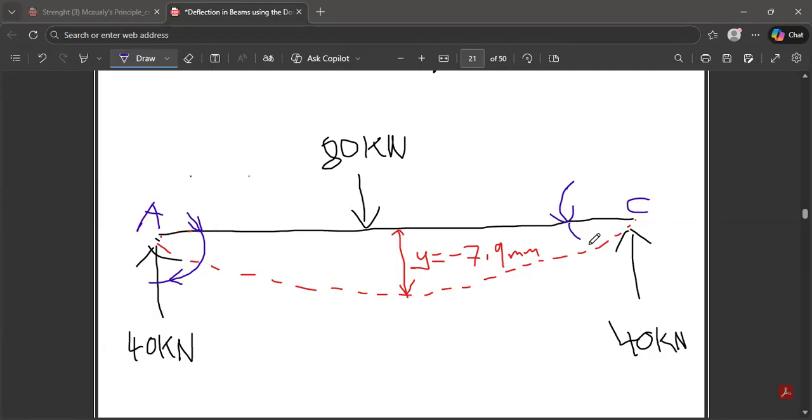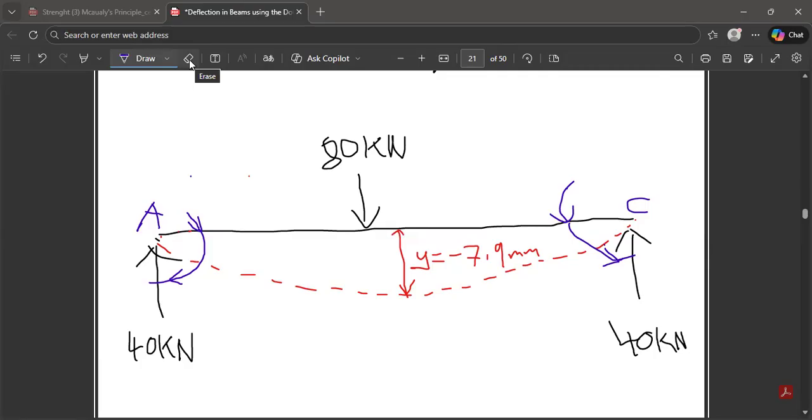After the deflection, you see that this guy is also going to move in this direction. It will fall in that order.